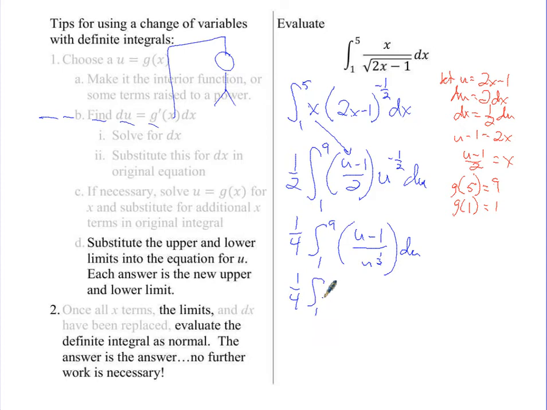1/4 integral from 1 to 9 of u divided by u to the 1/2, minus 1 over u to the 1/2.